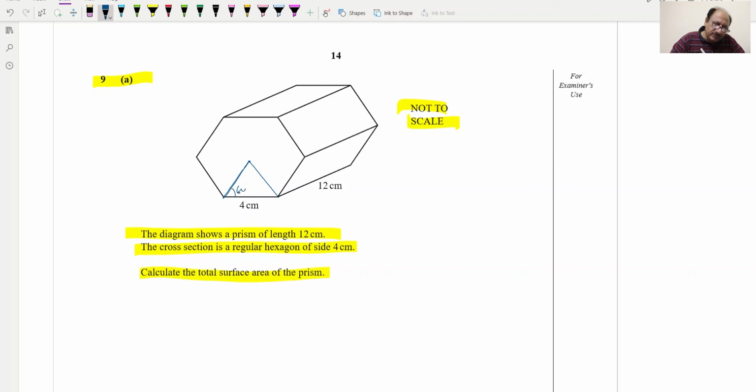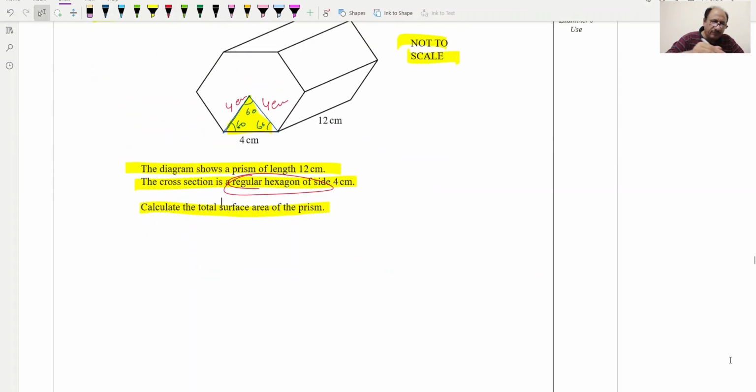This will be 60, this will also be 60, and this will also be 60. So area of this triangle will be half into AB sine C, and all sides are 4 centimeters, because this is a regular hexagon of side 4.